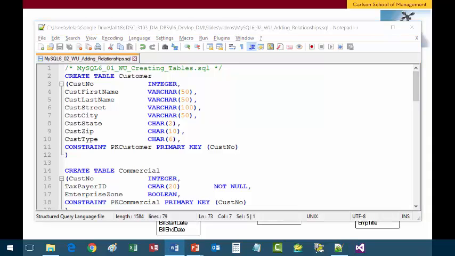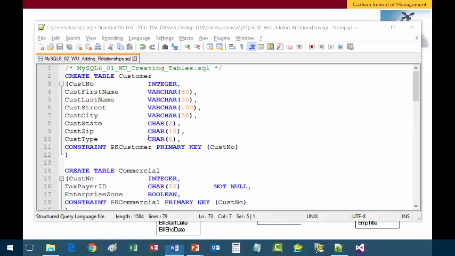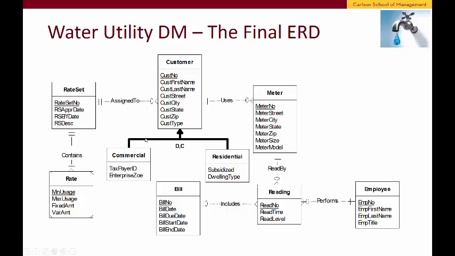I'll start by scrolling all the way to the top and examining the relationship between the customer and the rate set table. Again, it bears switching to the ERD. The customer gets a rate set assigned to it.